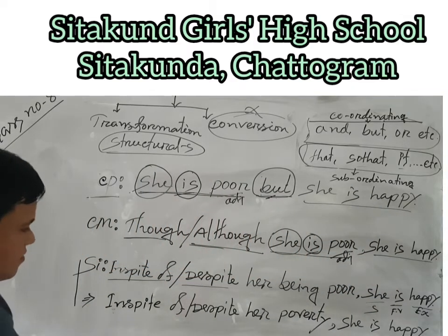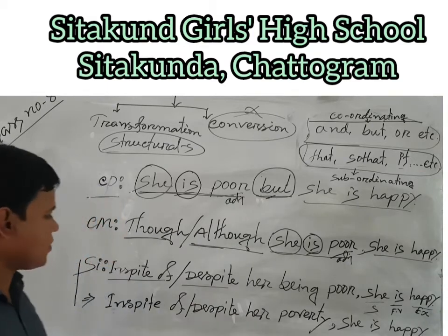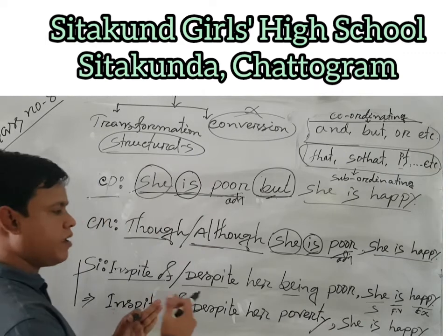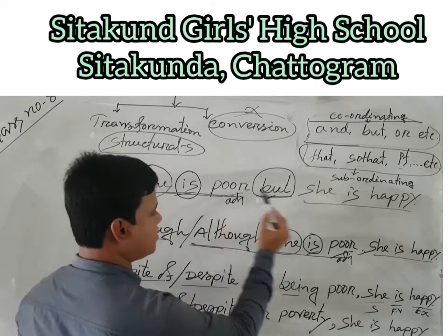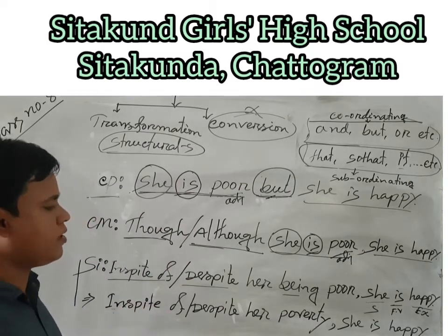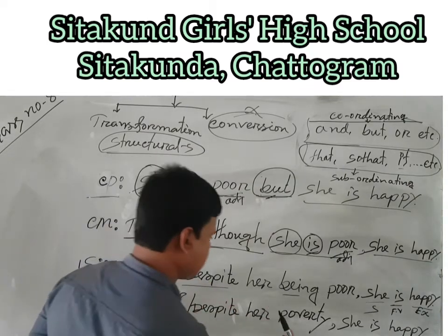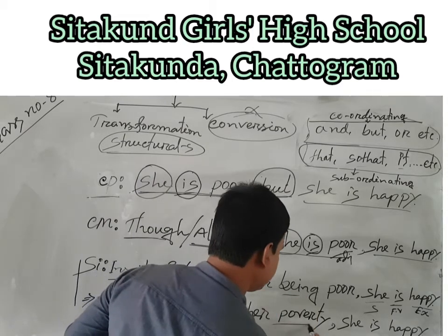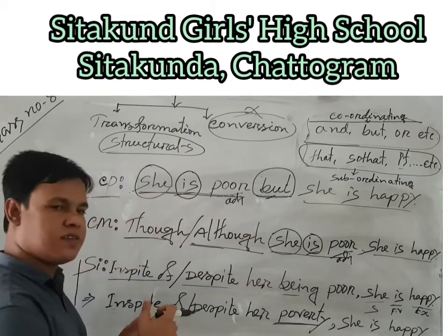Students, both the sentences are simple. If we use present participle, then we do not need to transfer the parts of speech. But when we use the sentence without present participle form, then we have to use the word as a noun.